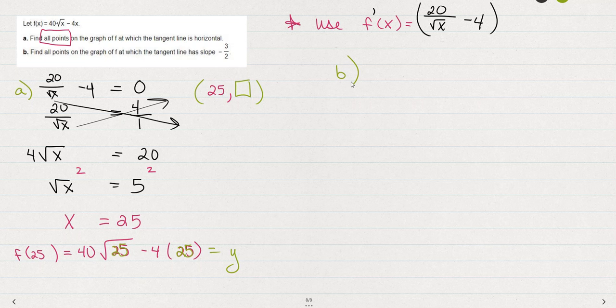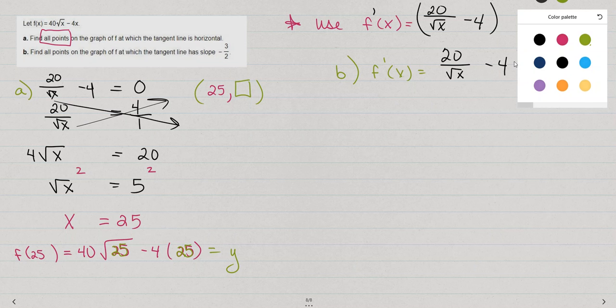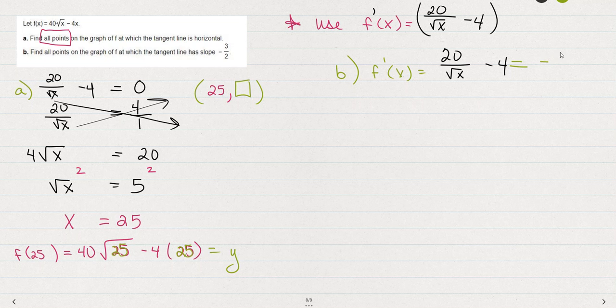Find all the points where the slope is -3/2. Well, once again, we've got our derivative is equal to 20 over the square root of x minus 4. And if we're looking for when that is equal to -3/2, I'm going to solve for x when the 20 over the square root of x minus 4 is equal to -3/2. Once again, I could add 4 to both sides.